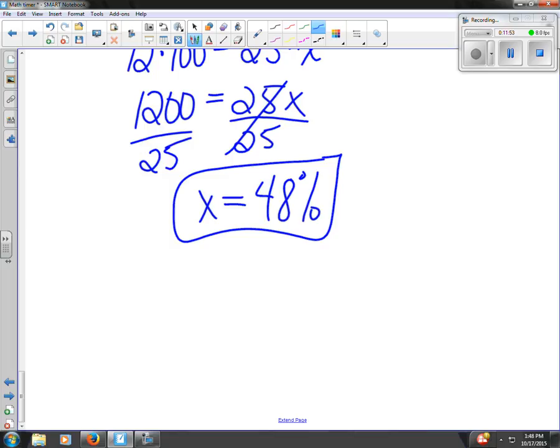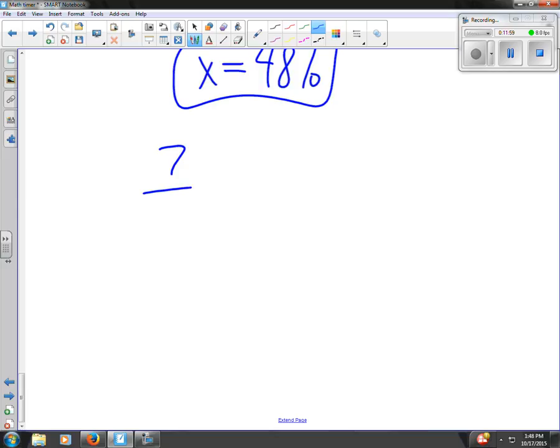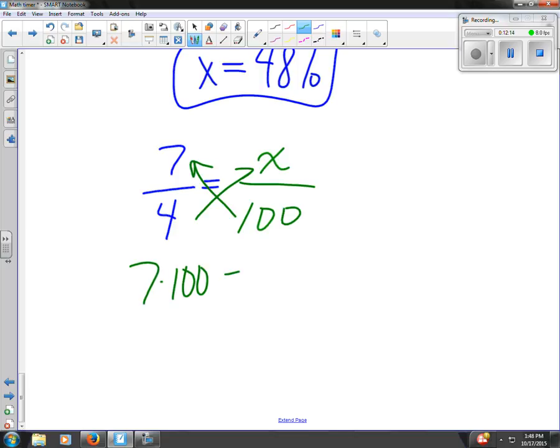And you're done. Okay, let's try another one. 7 over 4. It's an improper fraction, but that's okay because we just set up my proportion. I'm solving for the percent here over the 100. So I cross multiply. I get 7 times 100 equals 4 times x. So it's 700 equals 4x.